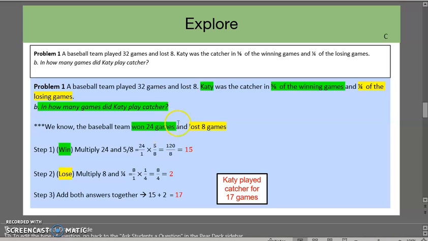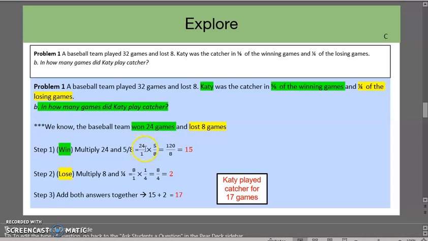We're going to use these two numbers, the fraction for the winning games with the total number of games won, and the fraction for the losing games with the total number of games lost. So in step 1, in order to find how many games won when Katie was a catcher, we're going to multiply 24 and 5/8.